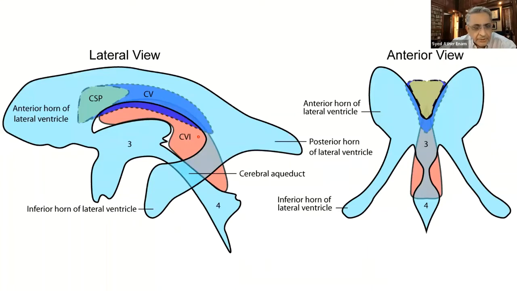And that is basically the cavum velum interpositum over here. Now the septum pellucidum and the cavity between it, the cavum septum pellucidum, usually stops over here, because the fornix attaches to the under part of the corpus callosum, and it curves like that.